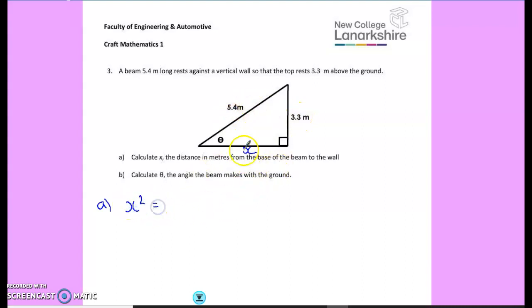This time it's a shorter side, because the longest side is here, which is 5.4. So I need to subtract. It's going to be 5.4 squared, take away 3.3 squared.